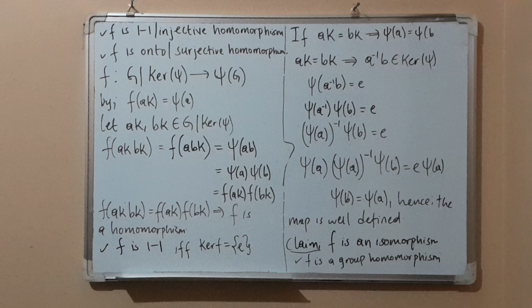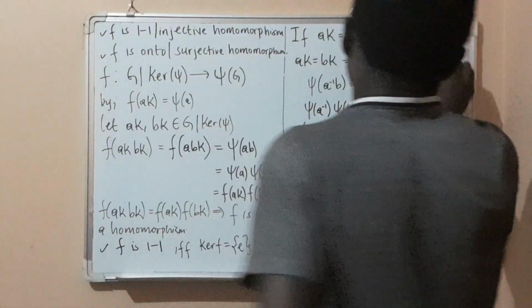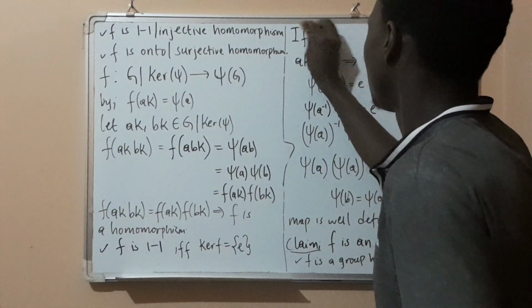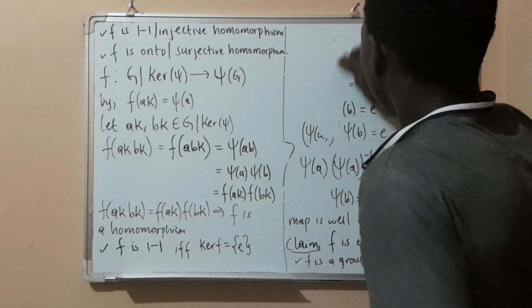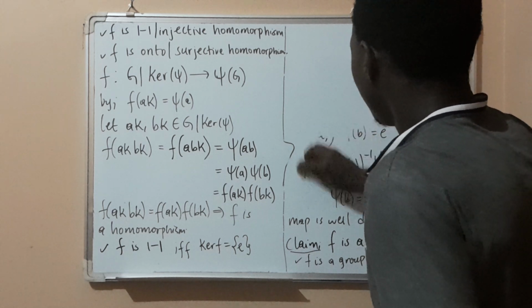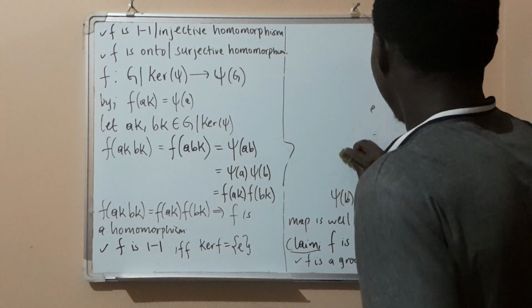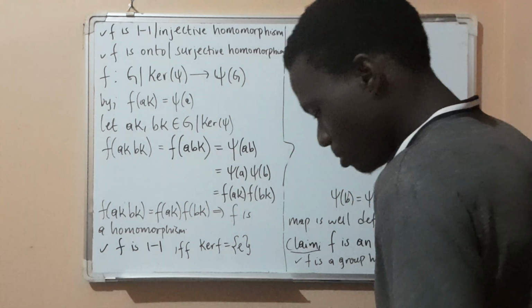That is the interpretation of a map being 1 to 1 or injective. So we are going to pick an element from the kernel of F, and we show that that element is mapped to the identity. That's what we are going to prove. Then if you are able to prove that, the map is 1 to 1.